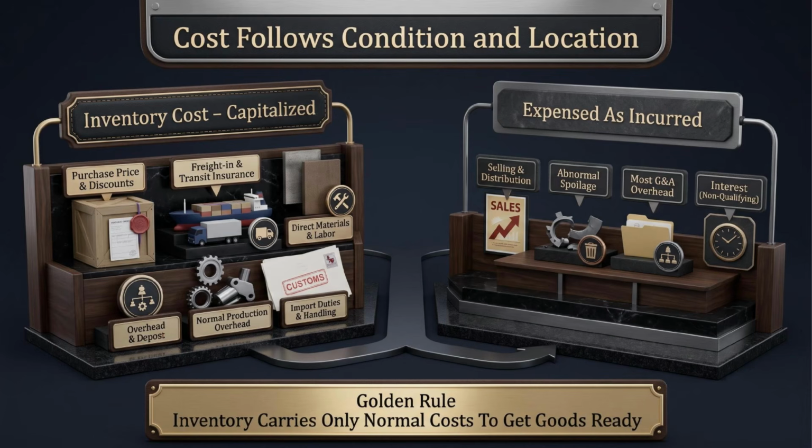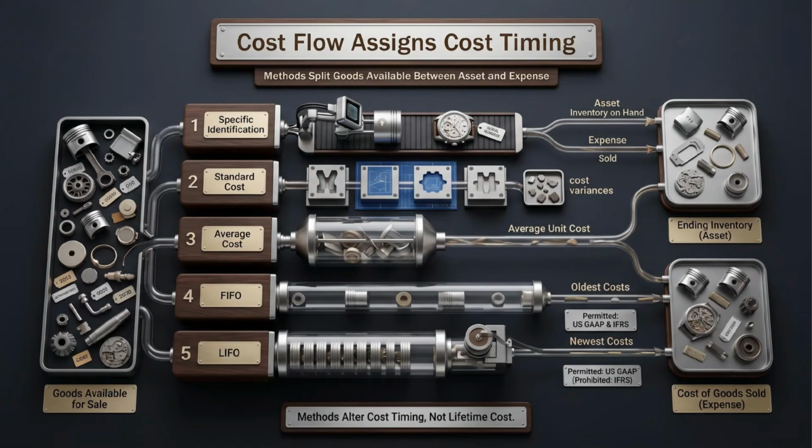Expense selling, marketing, distribution, abnormal spoilage, avoidable rework, idle facility costs, most general administrative overhead, and interest costs except for qualifying assets under ASC 835. Inventory carries the normal cost of getting goods ready for sale, not the cost of selling them or fixing avoidable mistakes.